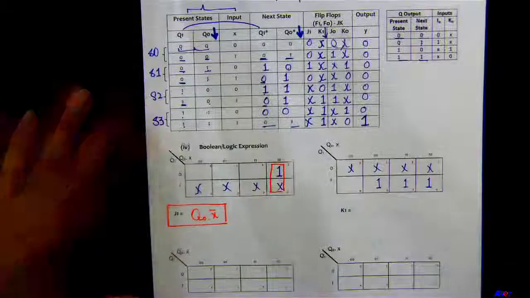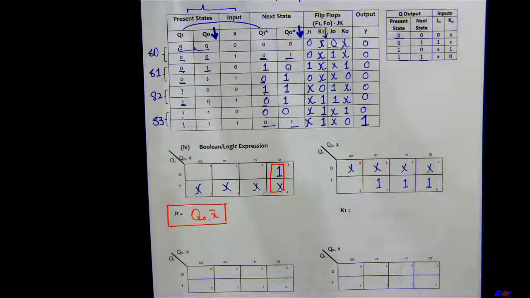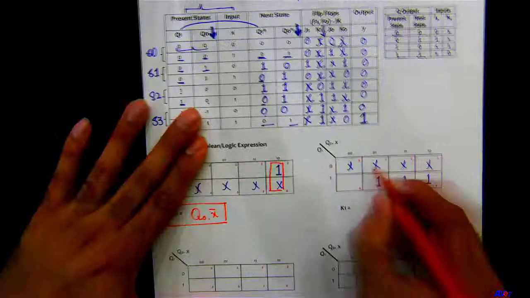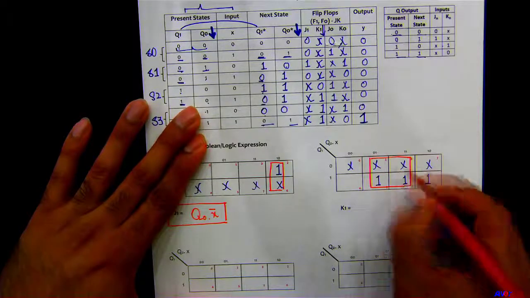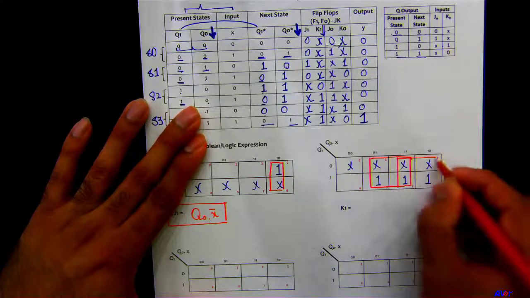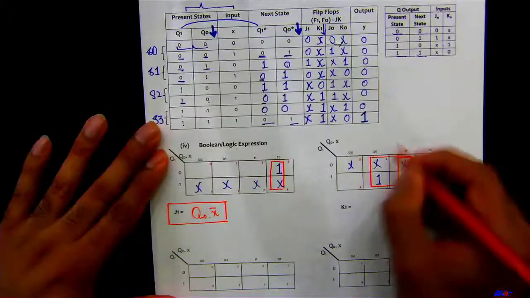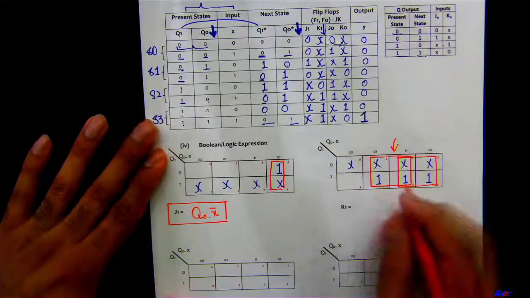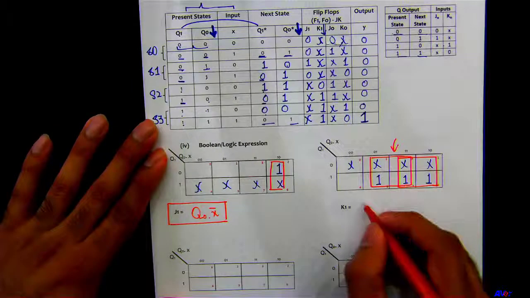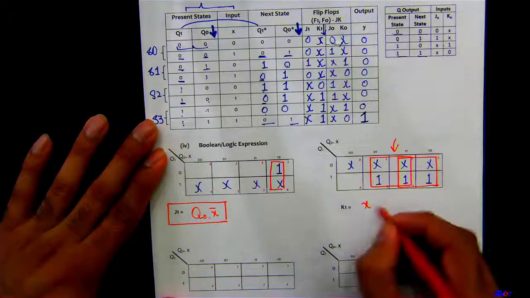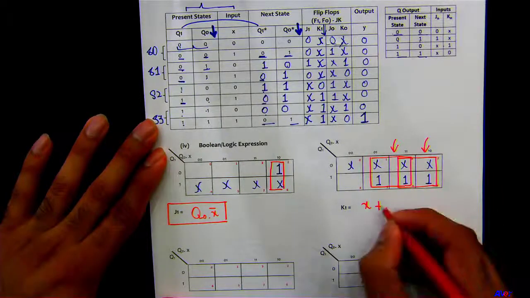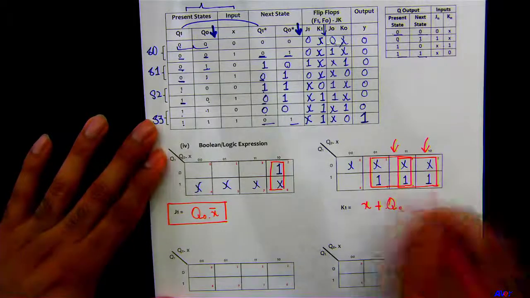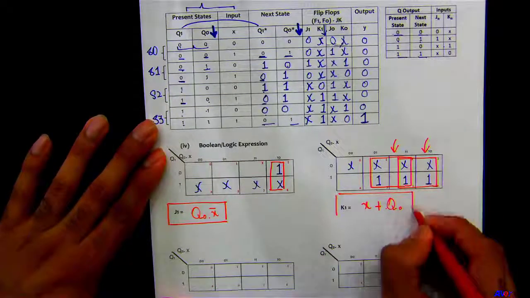Correct. So 1, 3, 5, 7 and 3, 2, 6, 7. Okay, all right, good. This one, and then this one. We'll go with this expression first. This is going to be X. And the expression for this one is going to be Q naught. Here's your K1.